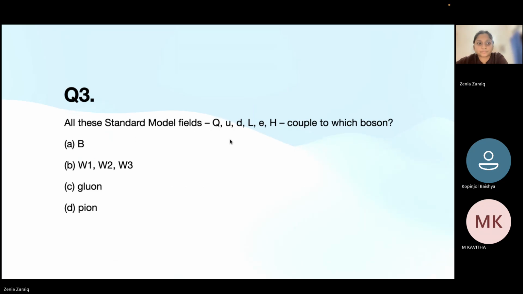Okay, all the standard model fields, that is the left-handed quarks, right-handed quarks, left-handed leptons, right-handed electron, Higgs boson, all of them couple to which boson?